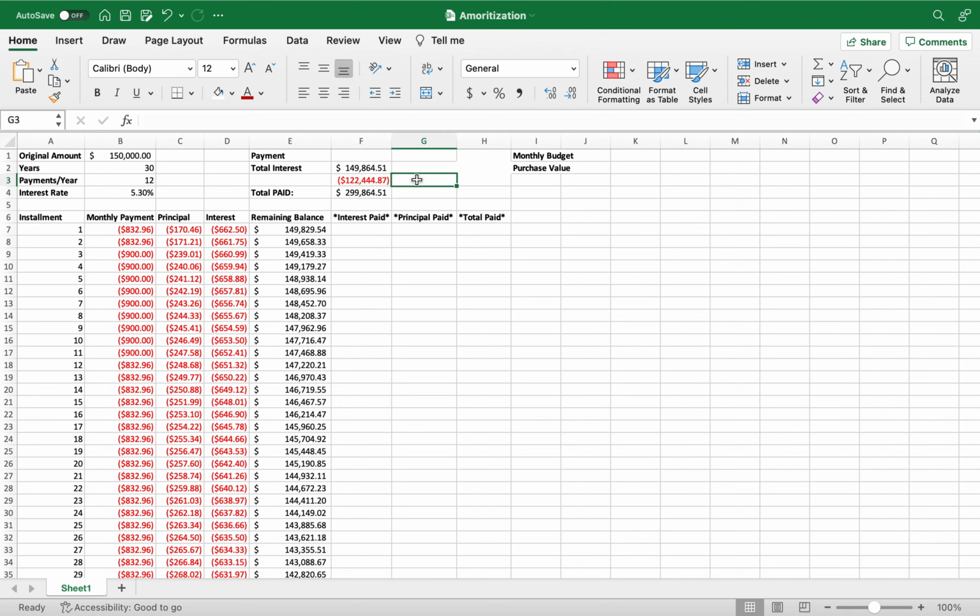So then you can find that paying that extra $67 a month is going to save us $27,000 of interest. All right, so that's kind of cool. So again, we can put this calculation into this payment function here. That's really the only reason it's there.